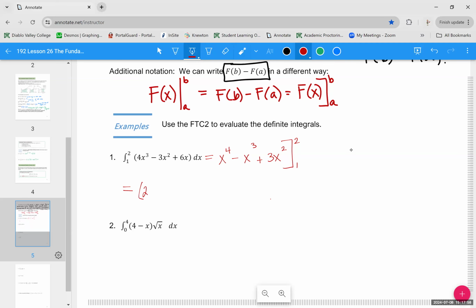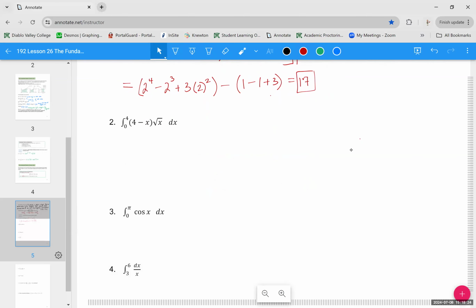So I'll plug in the upper limit of integration, which is 2, and then subtract the lower limit of integration, which is 1. And then you just have to do that calculation, and you end up with 17.